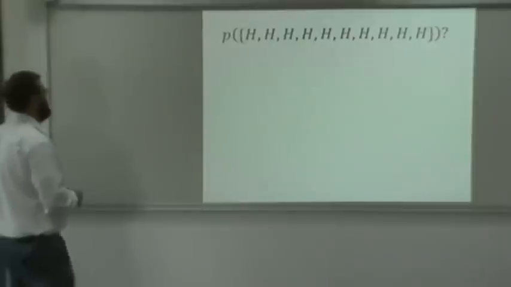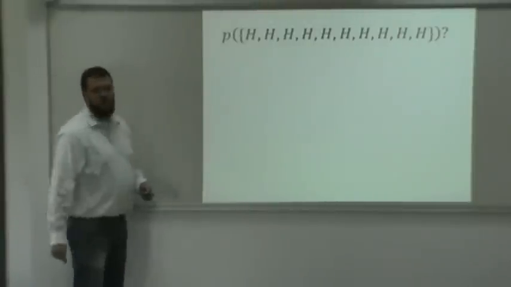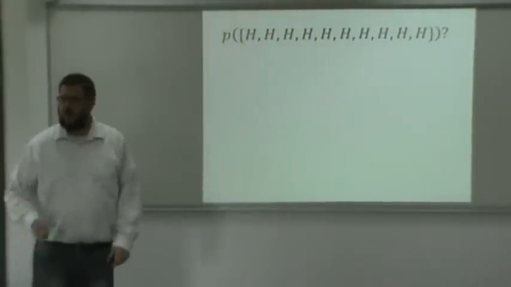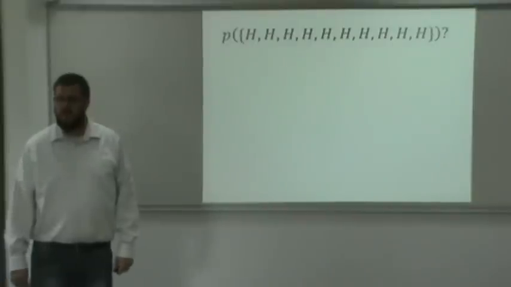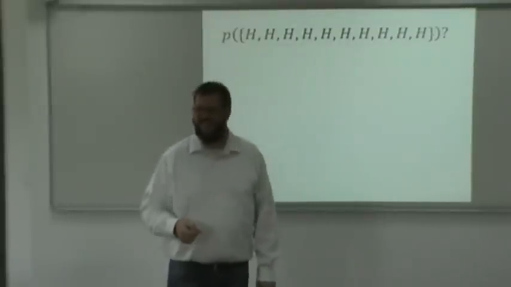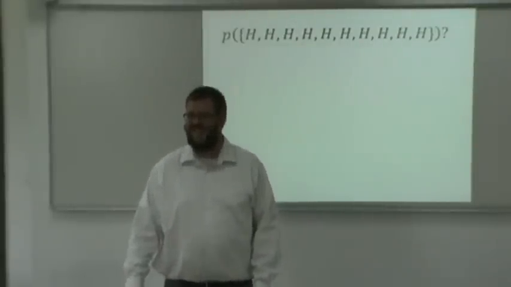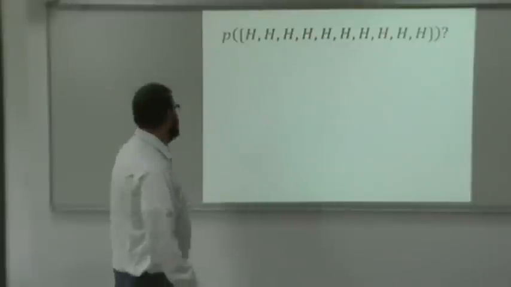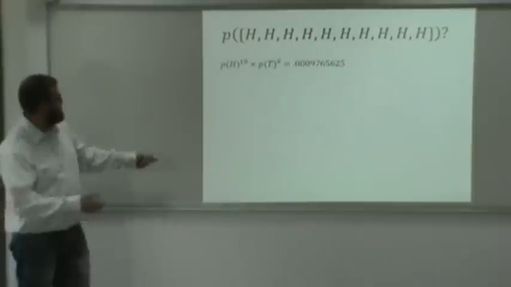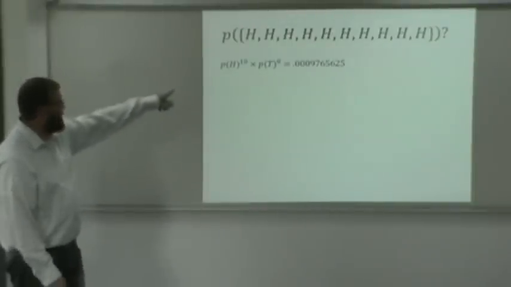How about this? The probability of 10 heads in a row. The probability of this event: heads, heads, heads, heads, heads, 0.5 to the 10th times 0.5 to the 0, and that equals this.